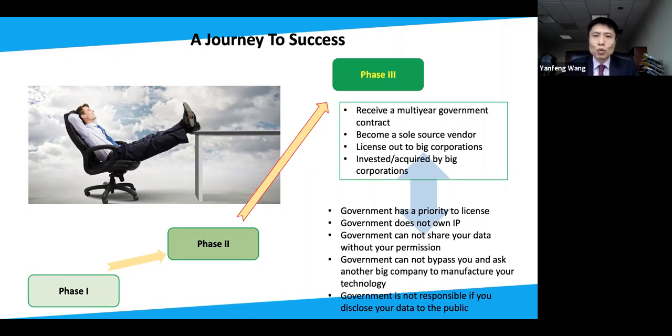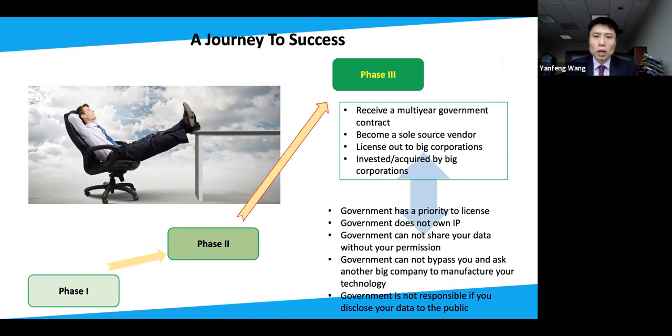Normally, when government wants to buy something, they need to make a solicitation so that multiple companies can make a bid. That is not the case if you emerge from SBIR and STTR. You will be the only one they want to negotiate with. The reason is you already proved your technology is good enough, and also you save government a lot of time and money to go through the paperwork.